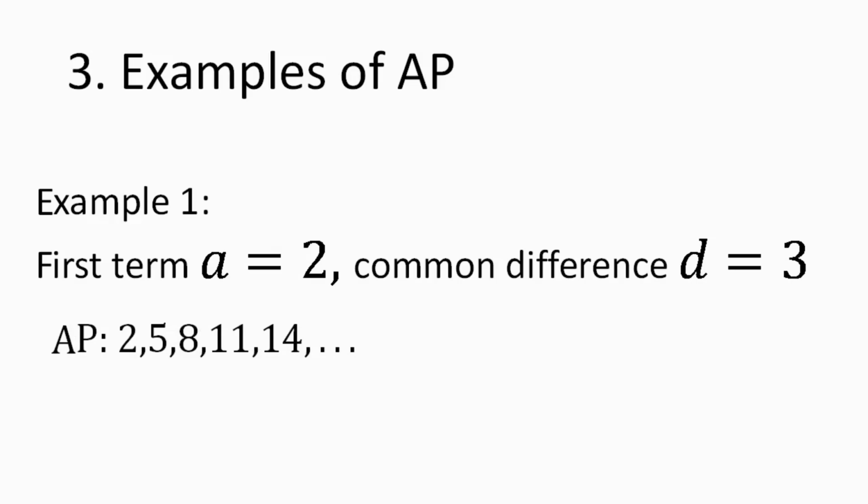Similarly, adding the common difference to the second term gives the third term. So adding 3 and 5 will give 8. That is the third term, and so on. Hence the sequence is 2, 5, 8, 11, 14, and so on.